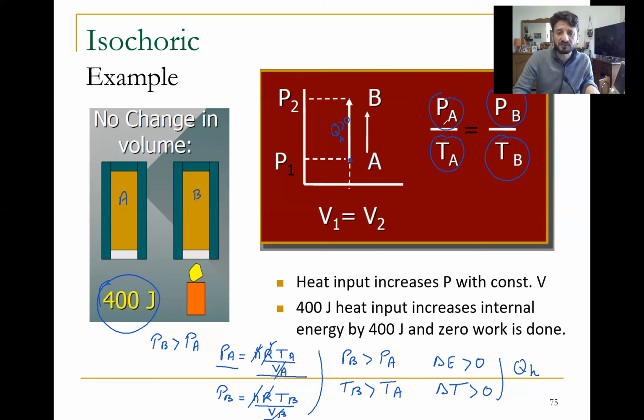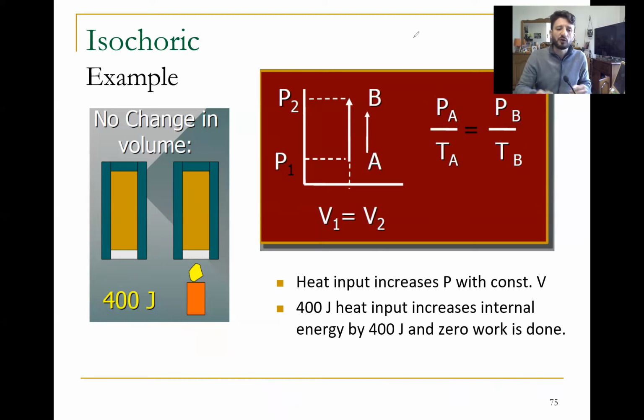Okay, it's a very important relation, can be used in the case of the isochoric example, in the case of V constant. Okay, I want to understand the physical meaning and the calculation. If we increase the pressure at a constant volume, we have to give heat.